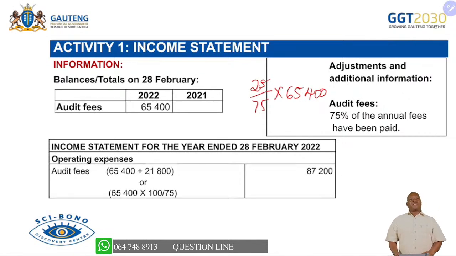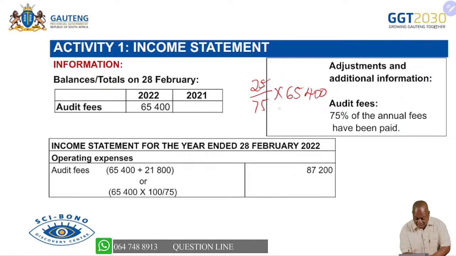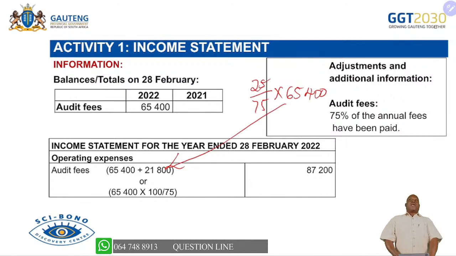So you are going to see that when it comes into the income statement under operating expenses, one of the expenses is going to be audit fees. So we are going to take the 65,400 that we are given and we add the 25% that is missing. So the 25%, when we calculate here, we are getting 21,800. So we add 21,800 and then we are going to get 87,200. But there's another way of doing it.